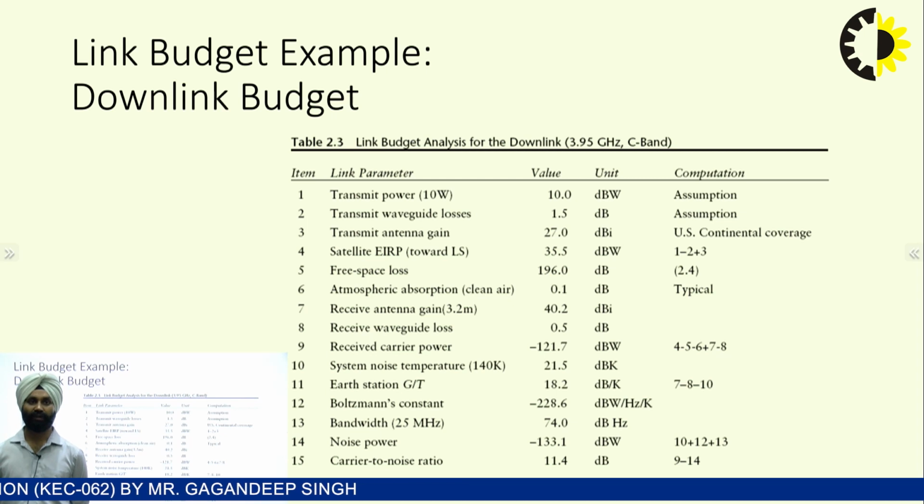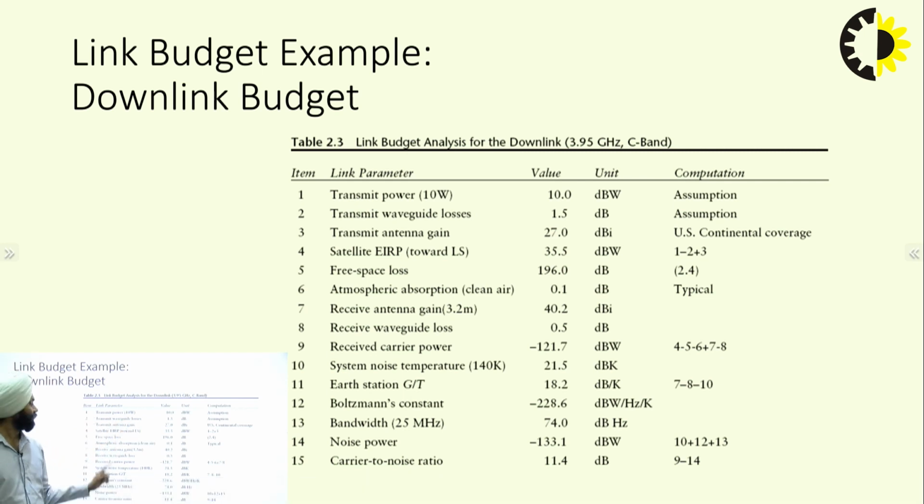So in the downlink, we need the transmitted power, the transmitter waveguide loss, then the antenna gain, then the satellite EIRP, then free space loss, then atmospheric absorption, then receiving station antenna gain, receiver waveguide loss, received carrier power, system noise temperature, earth station G by T ratio, the Boltzmann constant, bandwidth, noise power, and the carrier to noise ratio.